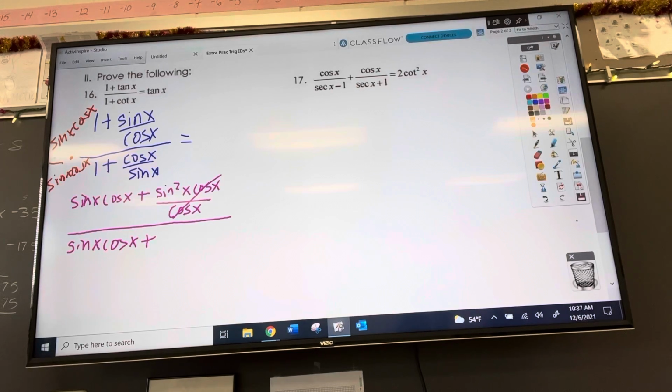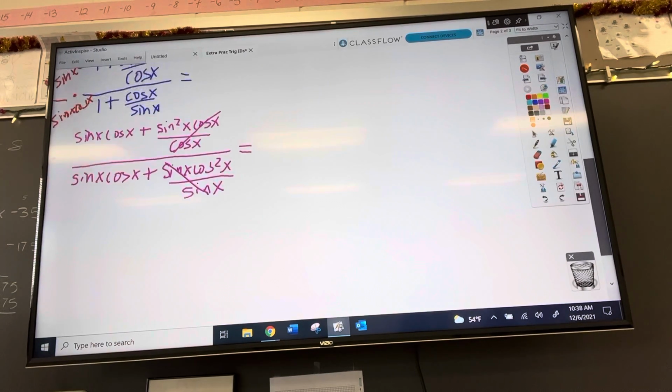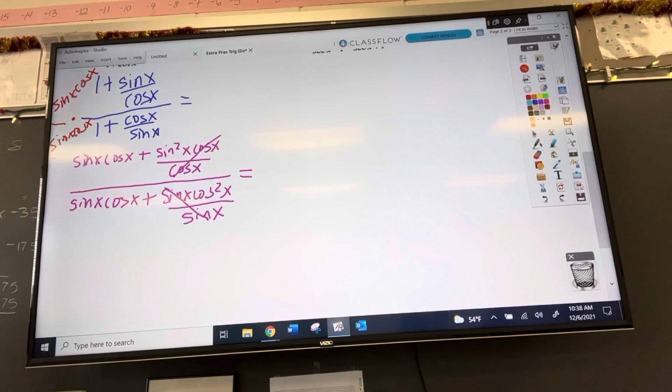Okay, so I've got sine times cosine squared, right? And the denominator is sine of x. So those sines will cancel. All right, let's see what we have left. Got my equal sign. Different color.